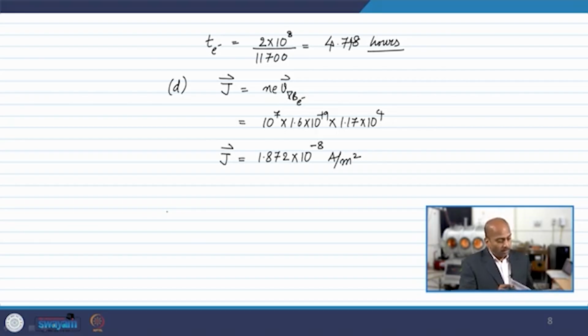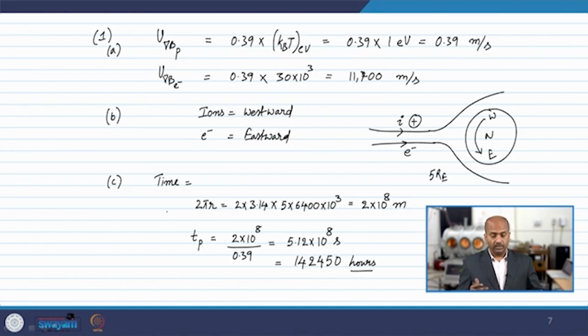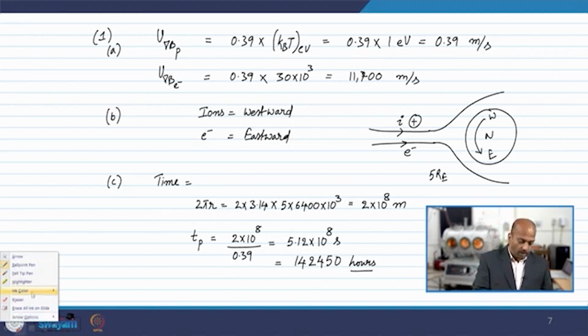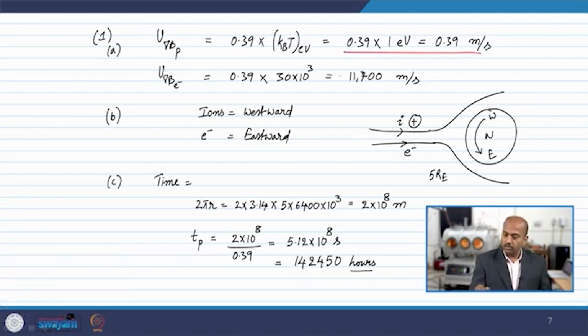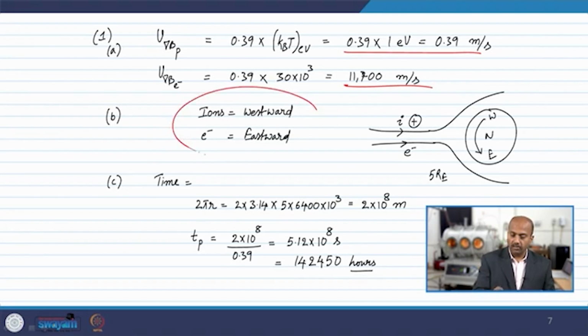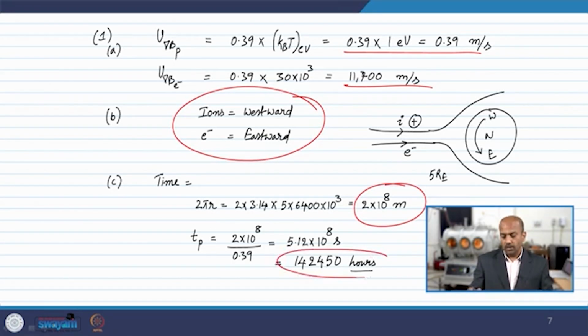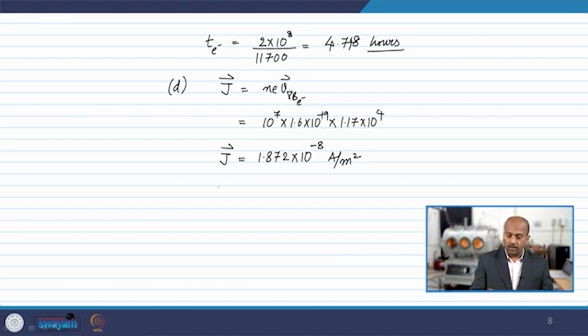So, this is how we solve a problem to calculate the gradient drift velocity and the associated physical parameters which come into existence because of the gradient drift. First we have calculated the drift velocities, the direction of movement of the charges, and then the amount of time that is required for the positive charge proton and the electron to cover one rotation of the Earth at 5 times the radius of the Earth, and then we have calculated the resulting ring current density.